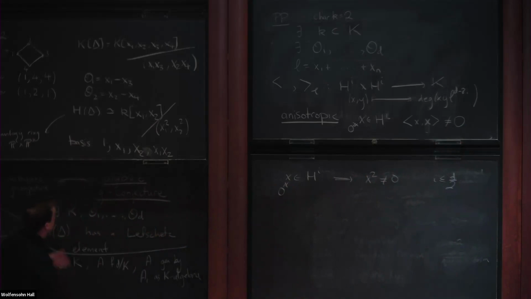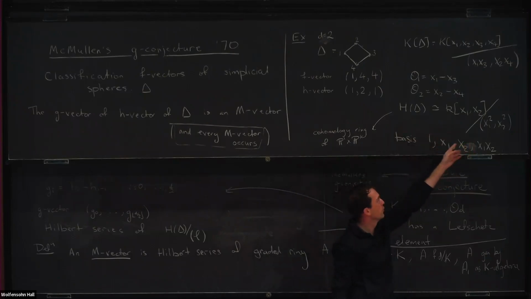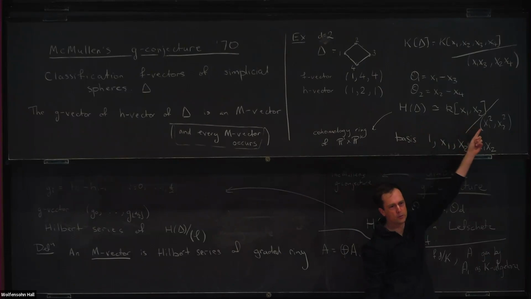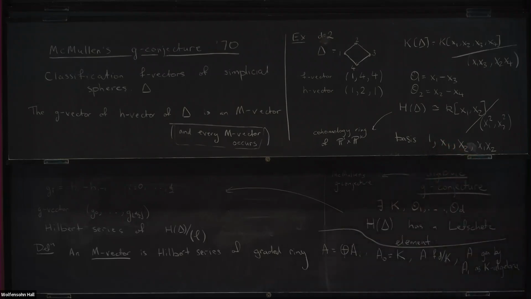Let's check what happens in the example I gave here. In this ring, you'll notice that x1 and x2 both square to 0. Either I've made a horrible mistake, or I'm demonstrating that this is something very unexpected, because here it's clearly false.